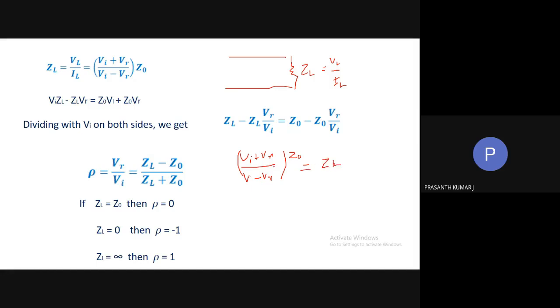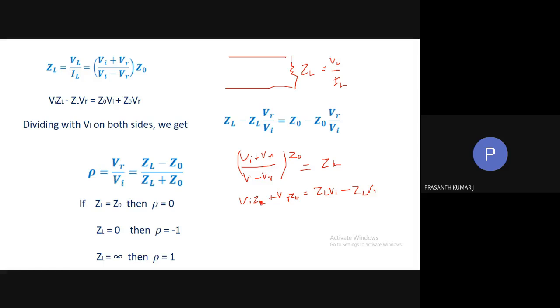Now cross multiplying, VI Z0 plus VR into Z0 is equal to ZL VI minus ZL VR. That is what I am writing here.